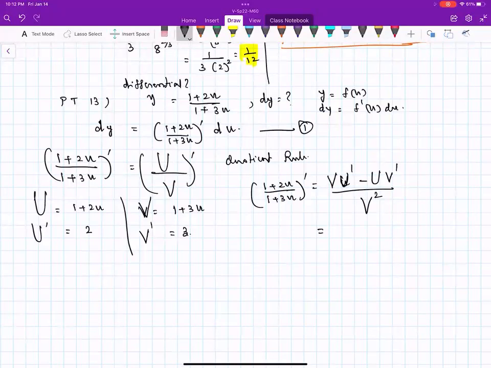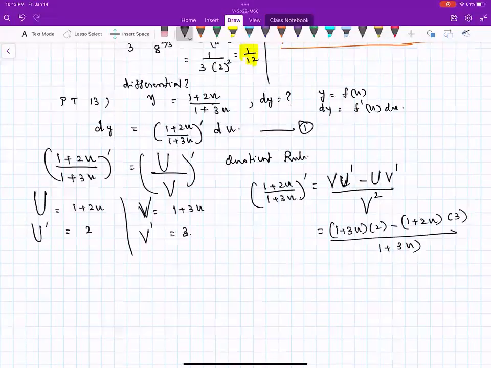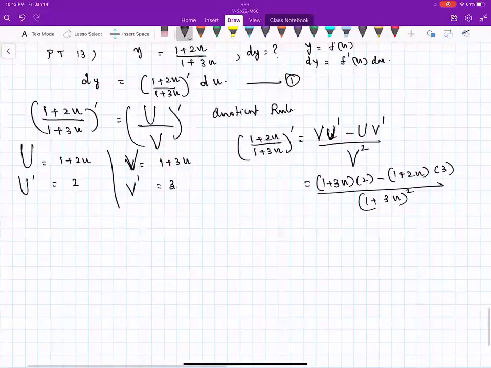So V, which is 1 plus 3u, multiplied by U prime, which is 2, minus U, which is 1 plus 2u, times V prime, which is 3, divided by the denominator squared, 1 plus 3u, the whole squared.